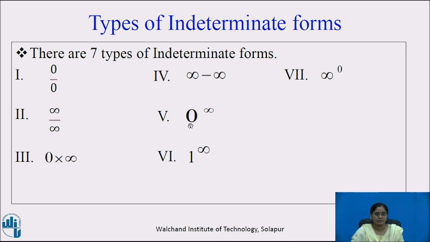Fifth one, 0 to the power infinity. Sixth one, 1 to the power infinity. Seventh one, infinity to the power 0. Hence, there are total 7 types of indeterminate forms. We will see how to solve the problems of indeterminate forms.